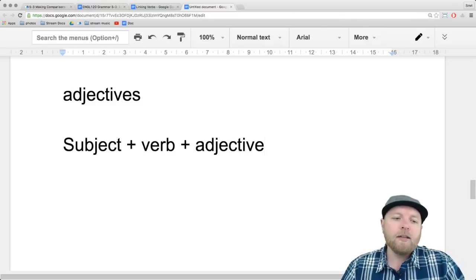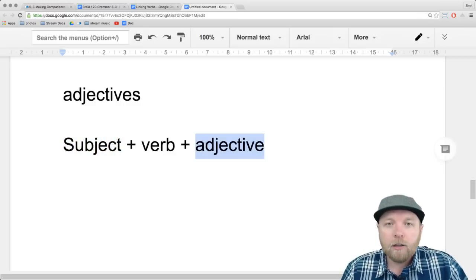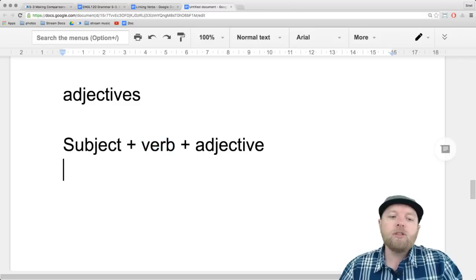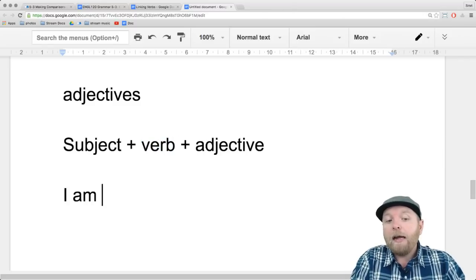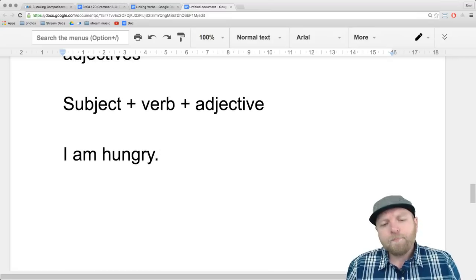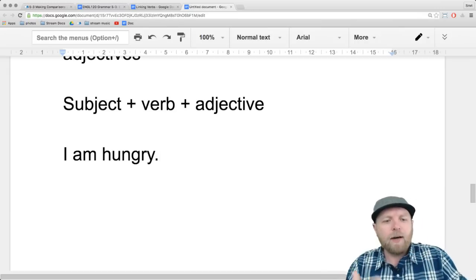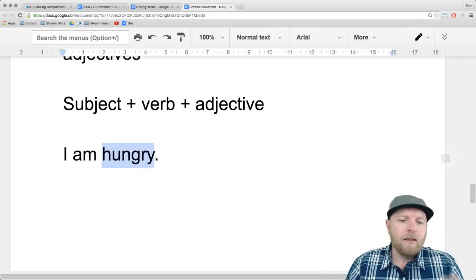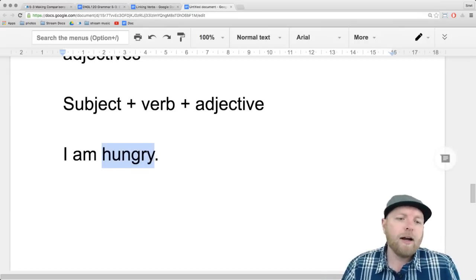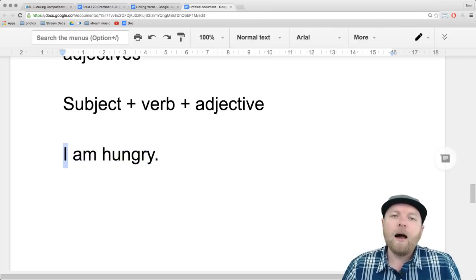Okay, now if you want to say I something hungry, usually we would say I am hungry. I am hungry, right? Now here, if we think about this, this is not describing am. This is describing I.